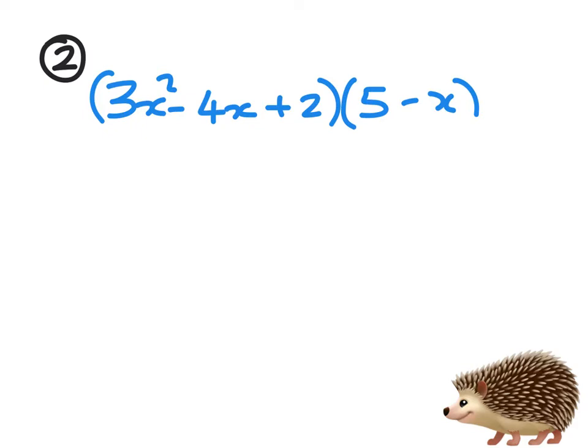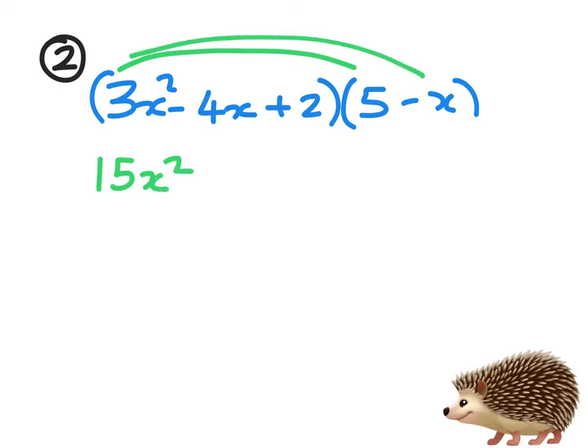Question 2, removing brackets. I've written it a wee bit different this week to normal, but the principle's still exactly the same. So you're going to do 3x squared times 5. That gives you 15x squared. Then you're going to do 3x squared times x. So that'll give you something there.